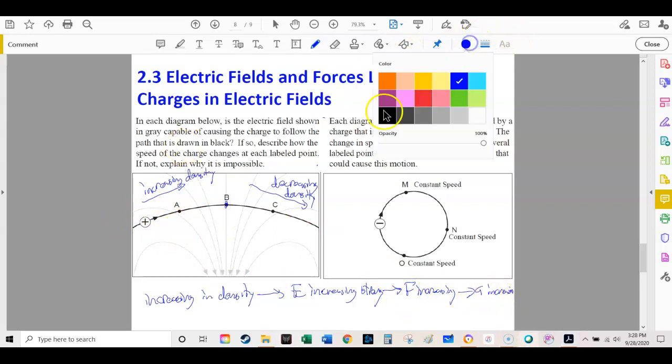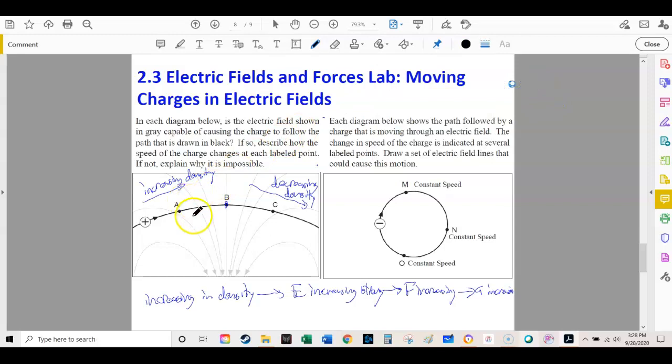So I guess here's what I'm saying, is that this guy right here at A is going to be speeding up. And you're only supposed to write speeding up, slowing down, constant speed. So I'm saying that this is speeding up at point A, because from A to B, the electric field is increasing in density, thus the electric field is increasing in strength.